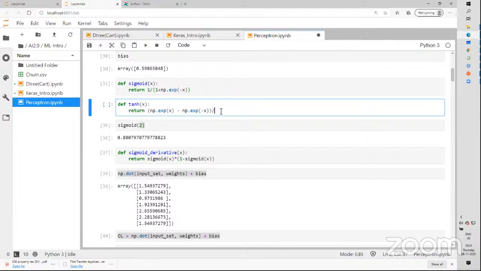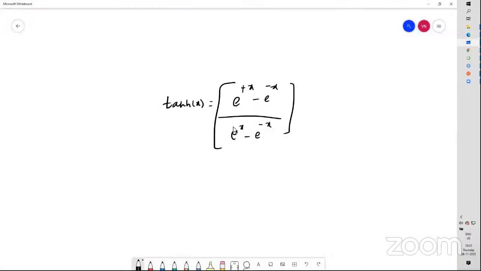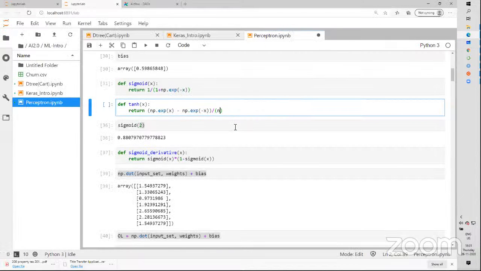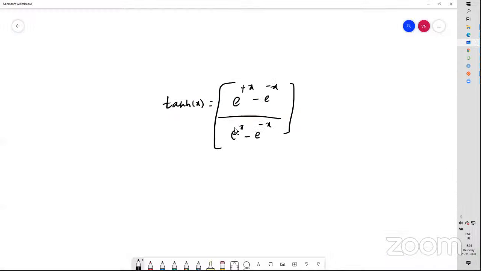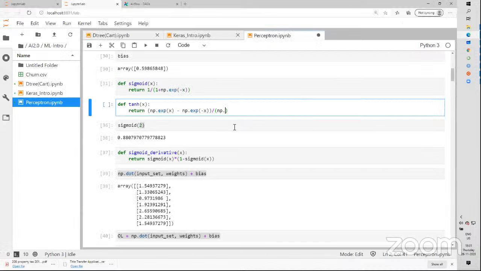And similarly, we have to do the denominator. Denominator is np dot exponential of x plus np dot exponential of minus x.